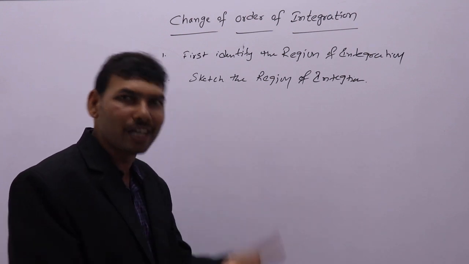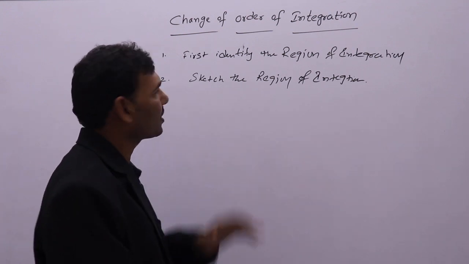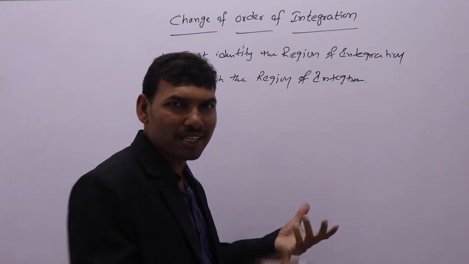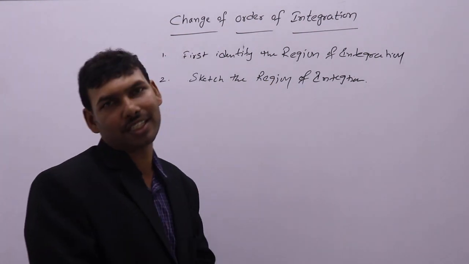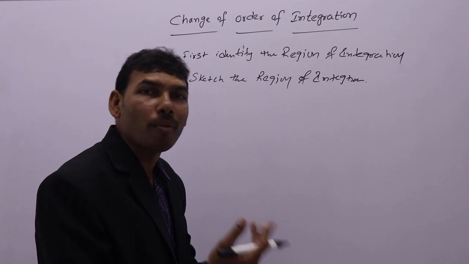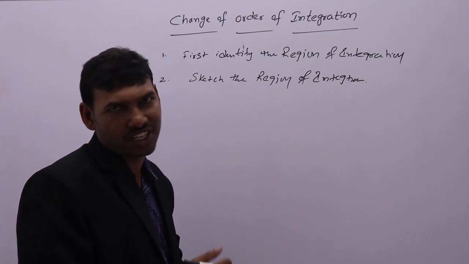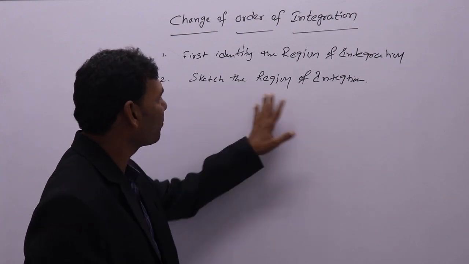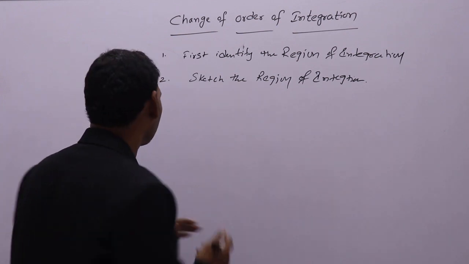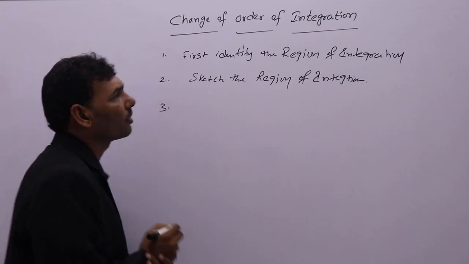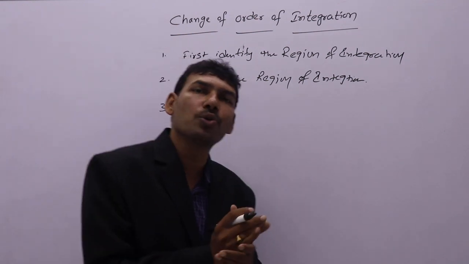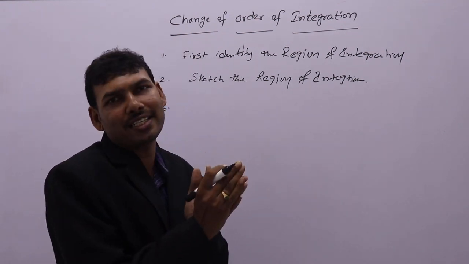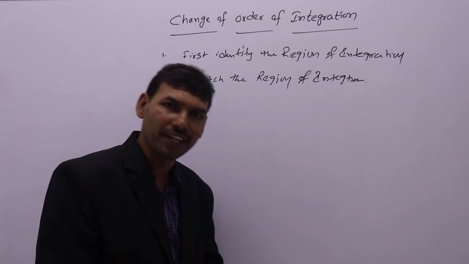So first, identify the region of integration, that means write the limits of integration. Next, according to those limits, draw the region of integration. Draw the geometrical figure for the given region. After drawing, in the intersecting region, for example, if two curves are there, the intersection region is the actual region of integration.